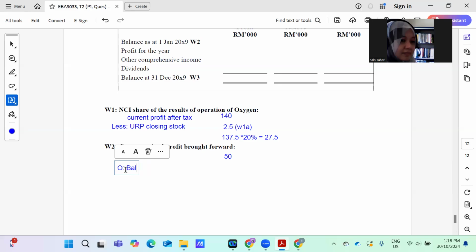So balance in O just now is 60. This one given in the question, right? But you need to adjust for the pre-acquisition. So you need to minus the pre-acquisition. So how to get the pre-acquisition profit?